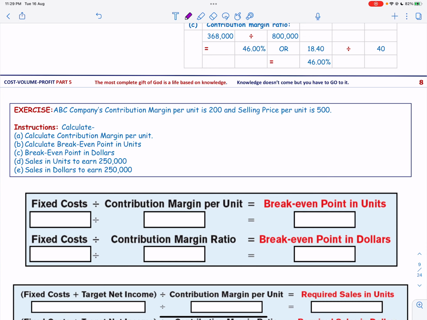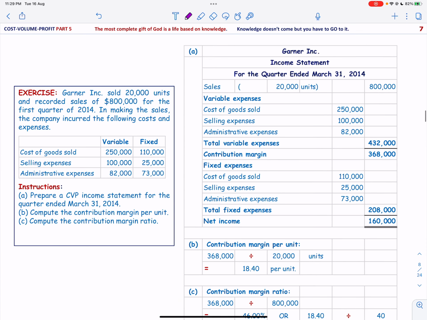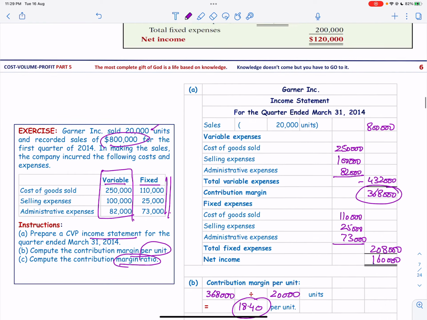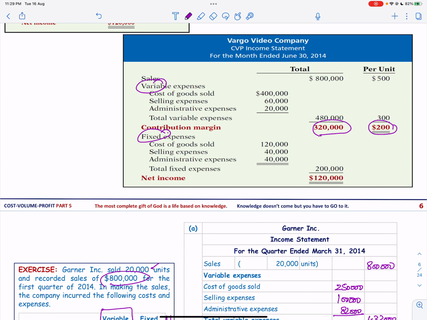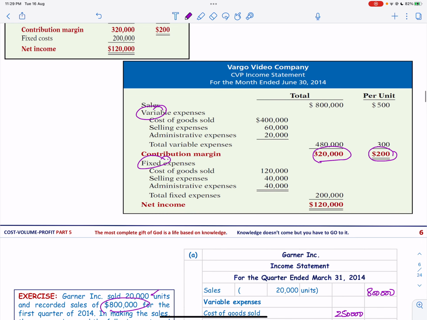So we have the fixed cost from slide number 5, then the total fixed cost is 200,000.